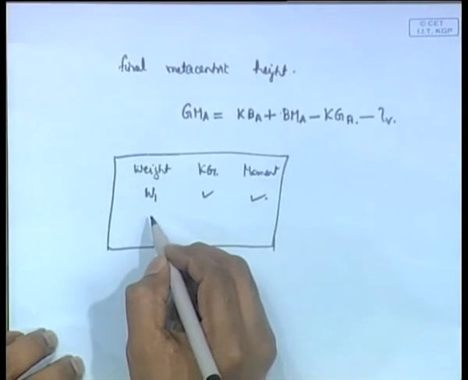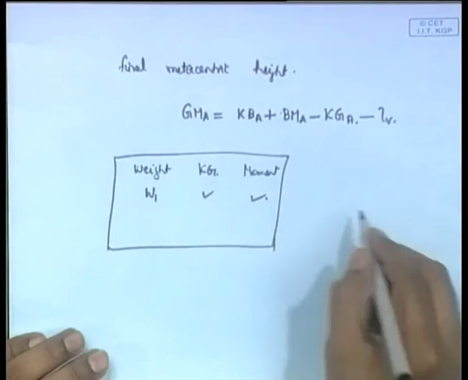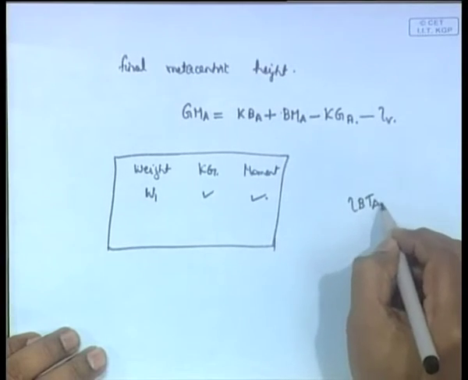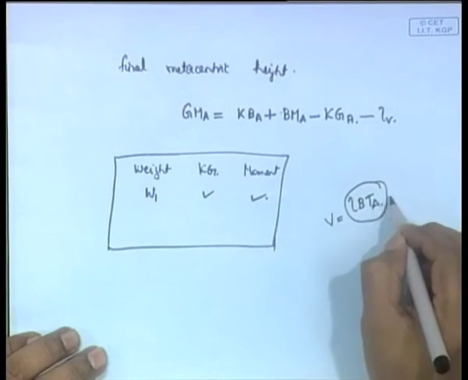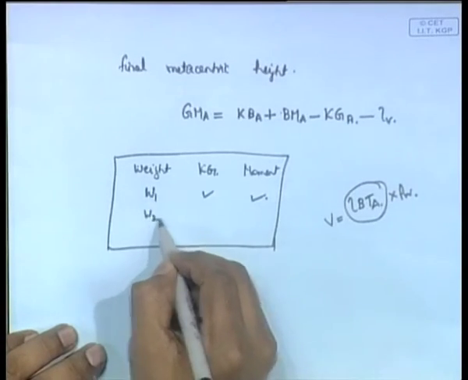Now, water is added. So, let us assume you can find the volume of water added, that is L into B into Ta. This gives you the volume of water added, into density of water will give you the weight of water added. So, that is W2.